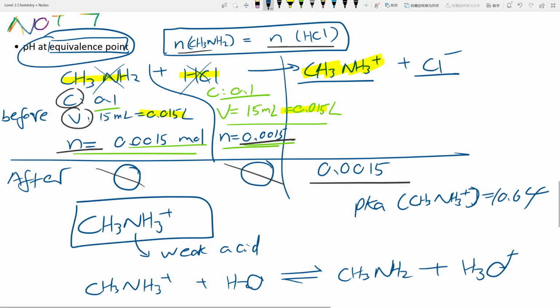There are so many questions every single year that ask, why is the pH at equivalence point not 7? Or calculate the pH at equivalence point. This is not year 11 acids and bases. You're dealing with weak acids, strong acids, weak bases, strong bases. The pH at equivalence point is only 7 when you have a strong acid and strong base neutralizing each other. It's never going to be 7 in year 13 aqueous, you can mark my words.